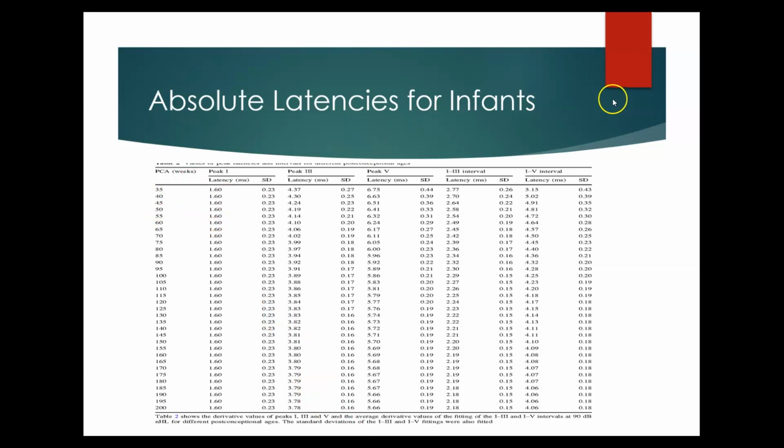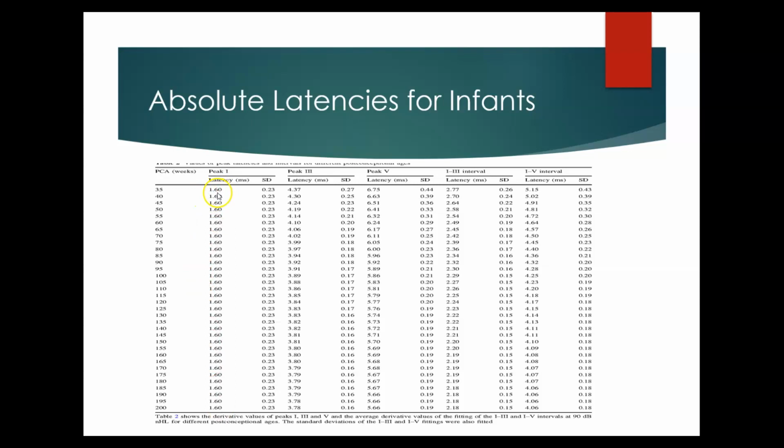Then we can look at the latencies for infants. For infants, their latencies occur a little bit later. Each number along here represents the age in weeks. So this is 35 weeks, 40 weeks. Really, for the first 200 weeks of a child's life, their latency for wave 1 is a little bit longer.